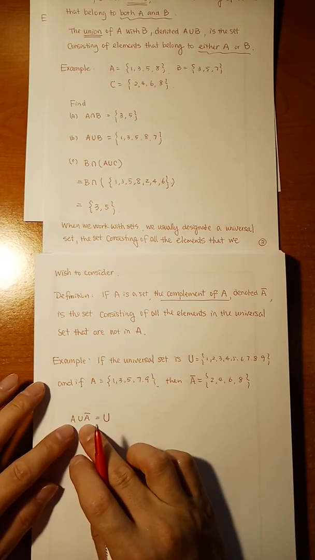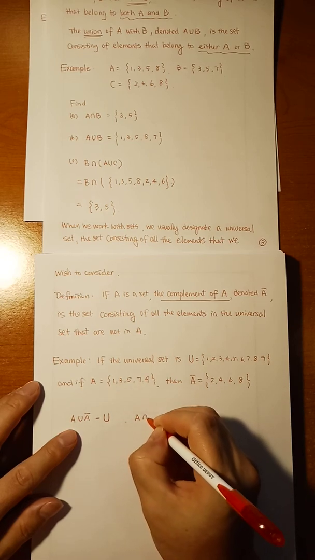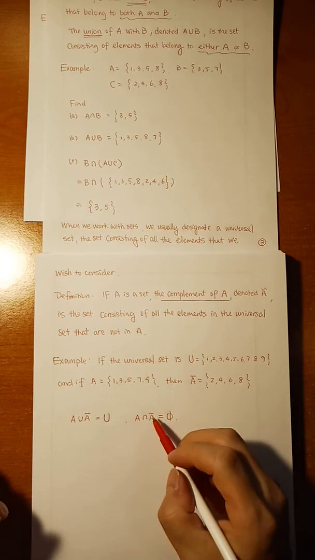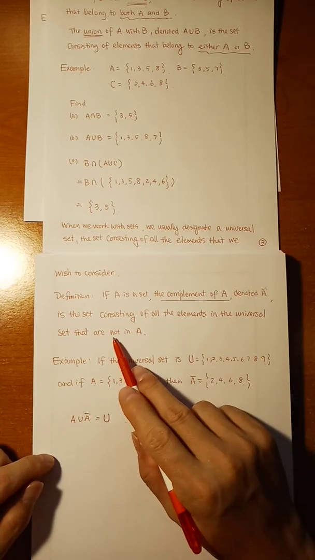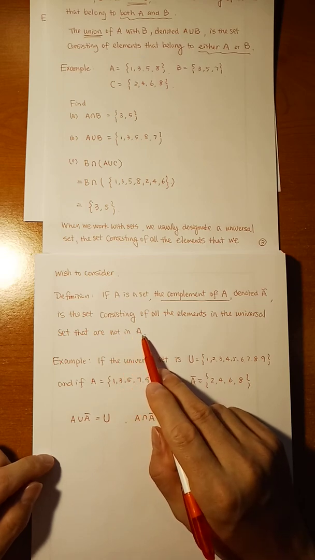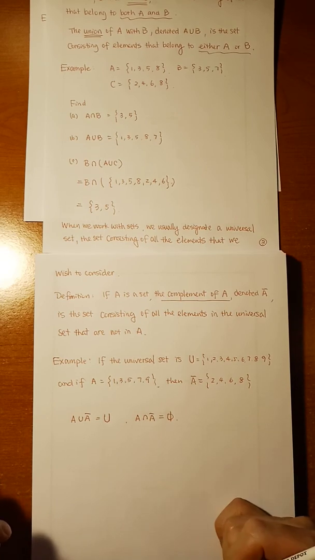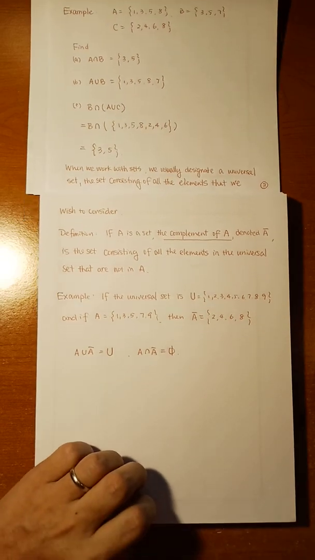So A union A bar is equal to U, and A intersect A bar is equal to the empty set, because if the element is inside A, it is not inside the complement. It's either inside or outside. Inside A cannot be inside the complement. Inside the complement cannot be inside A.